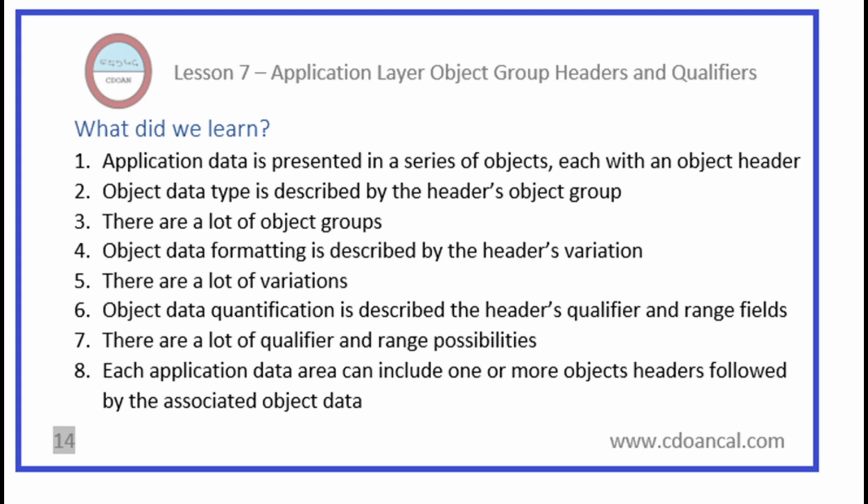There are a lot of variations. 6. Object data quantification is described by the header's qualifier and range fields. 7. There are a lot of qualifier and range possibilities. And 8. Each application data area can include one or more object headers followed by the associated object data.